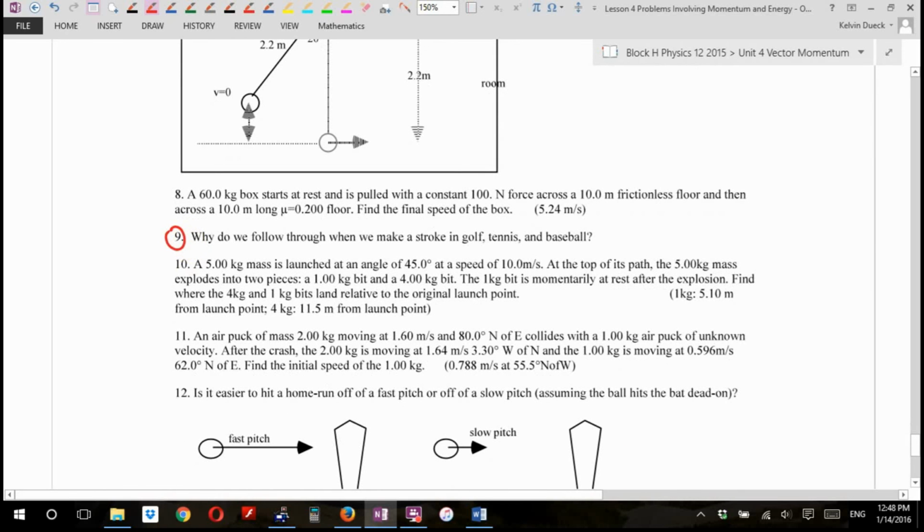9 is good. Hey, why do we follow through whenever we make a stroke in golf or tennis or baseball or hockey? Or why do we tell people, unless you're trying to do a drop shot or something fancy or bunt, why do we tell people to follow through? Follow through means extend through your swing. In other words, you don't go like this.